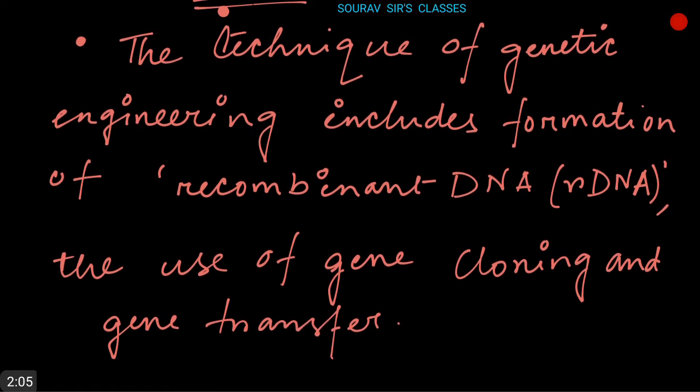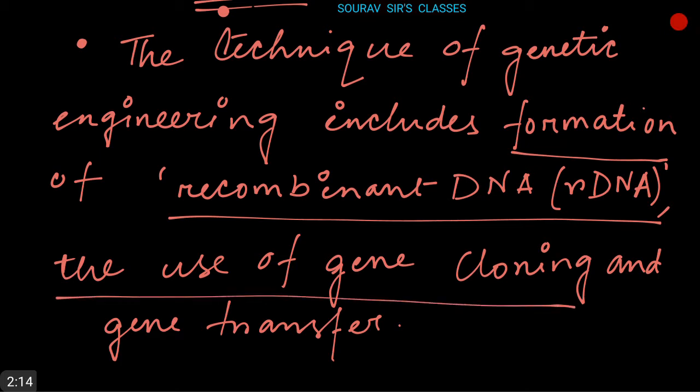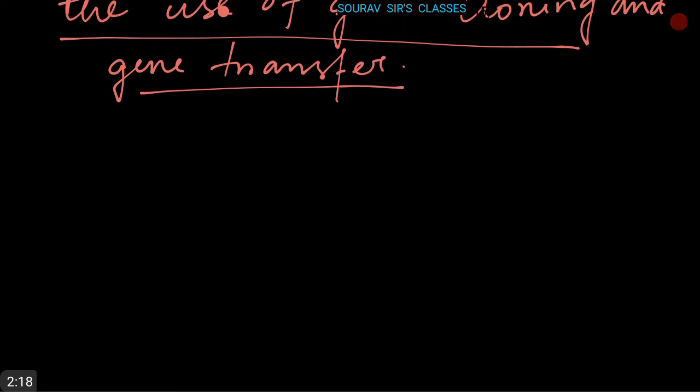So the first use of genetic engineering is the formation of recombinant DNA, the use of gene cloning and gene transfer.